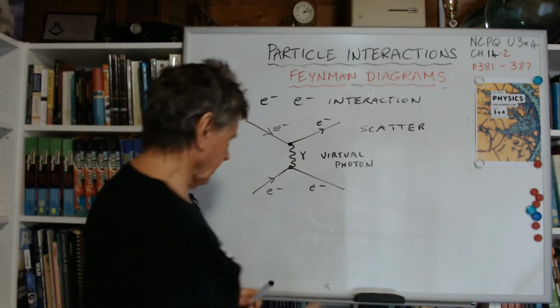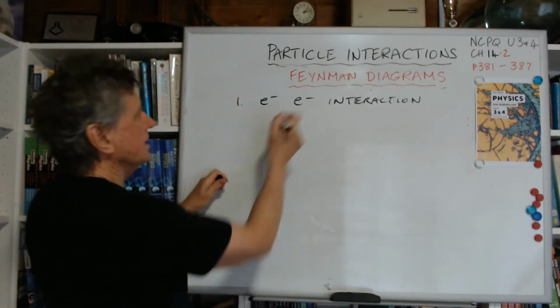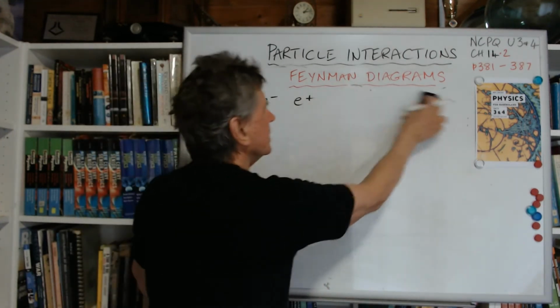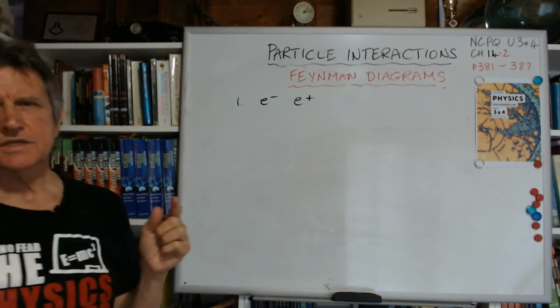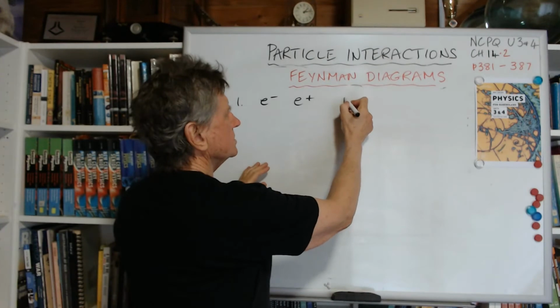The second one is this: electron, positron. Now, I think the second one is the scattering. This is called scattering.